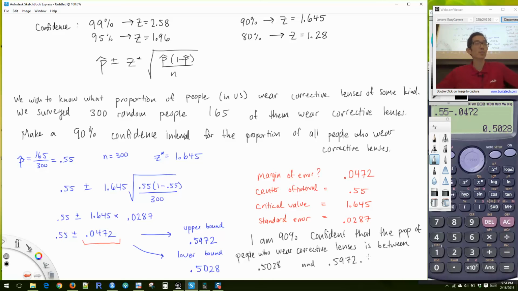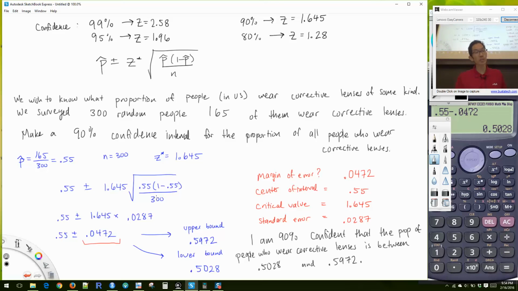Yes? Where did you get the standard error? Right here, 0.0287. What do you mean? I multiplied 0.55 times 1 minus 0.55 divided by 300, and I take the square root. Okay, and from that you get the margin of error. Correct.